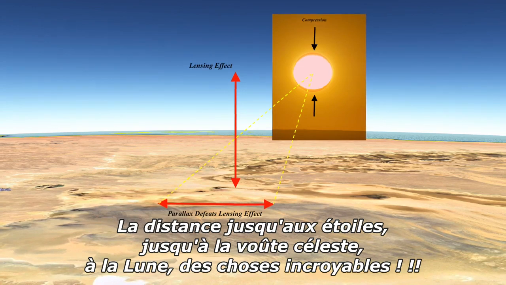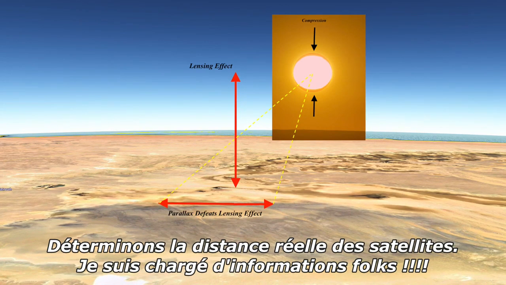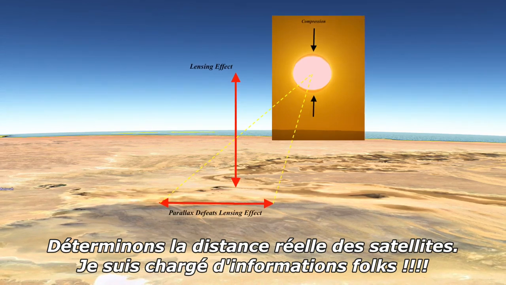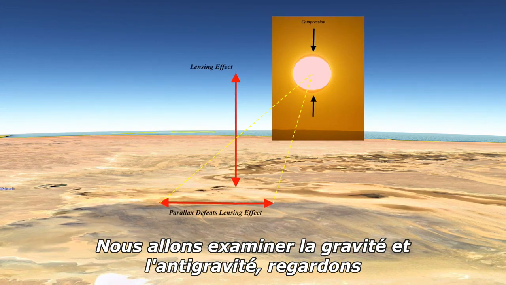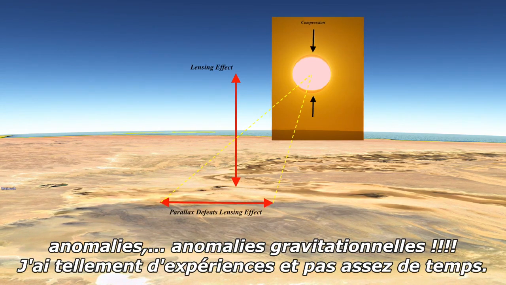We're going to determine the true distance to satellites. I am loaded with information. We're going to look at gravity, anti-gravity, and gravitational anomalies. I have so many experiments and not enough time.